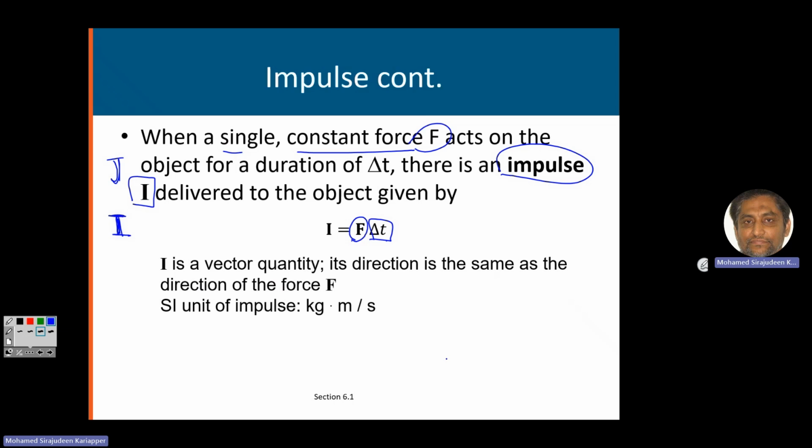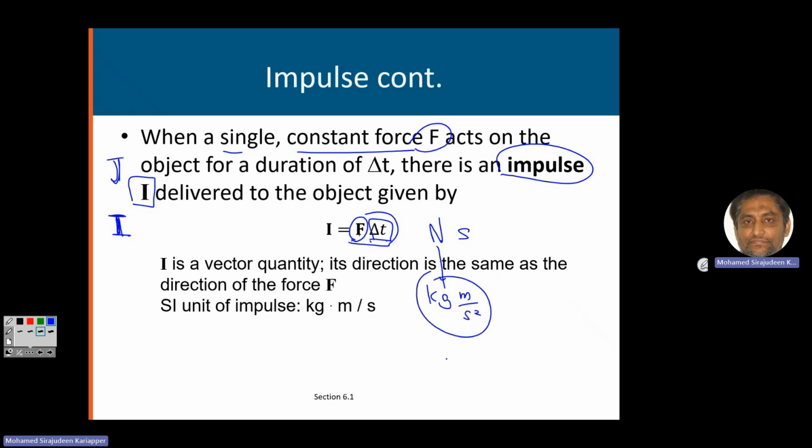Right. Now look at this impulse. The unit for this: force is in Newton, time is in second. So the SI unit will be Newton second. All right, good. But the Newton is actually, in terms of the basic unit, kilogram times acceleration, meter per second squared.